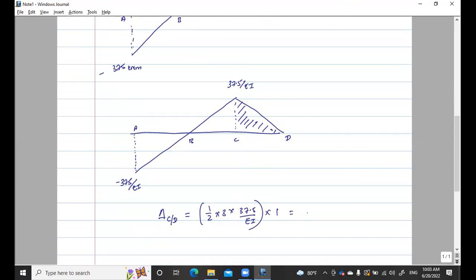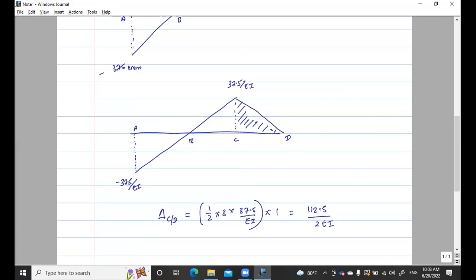So that is 37.5 into 3 divided by 2, which is 112.5 over 2 EI.